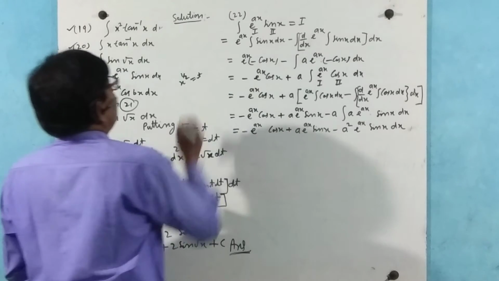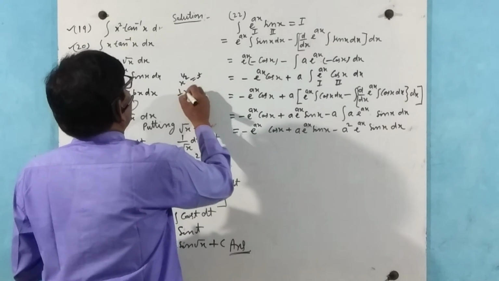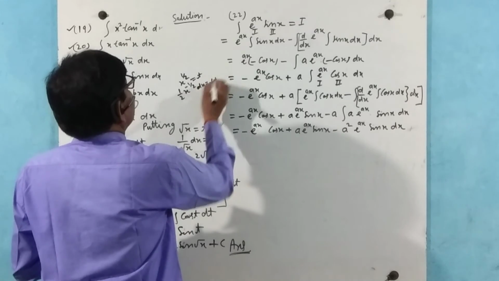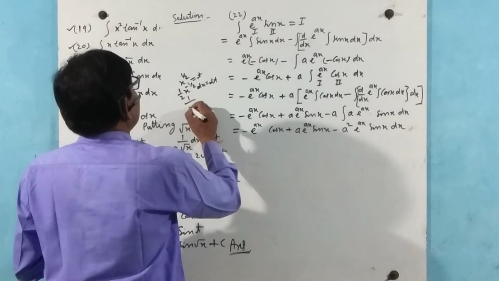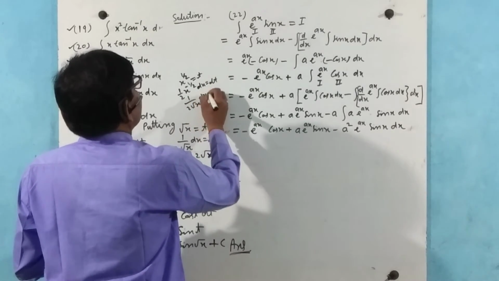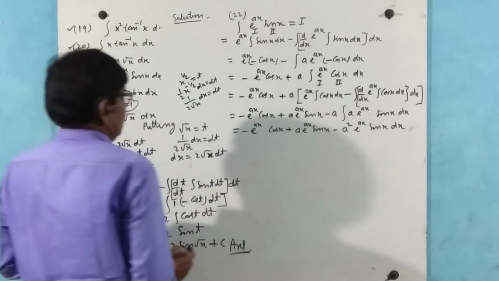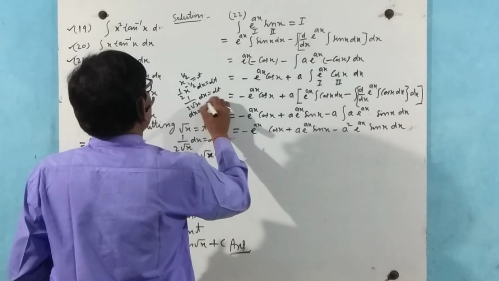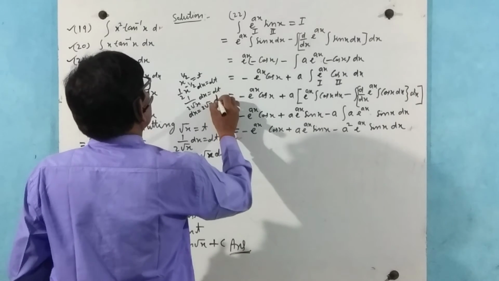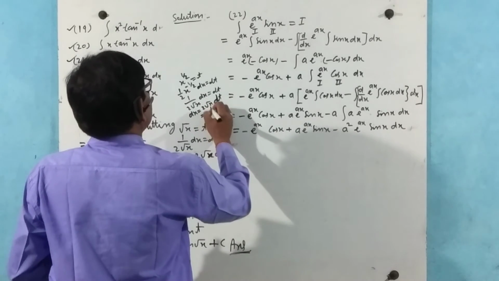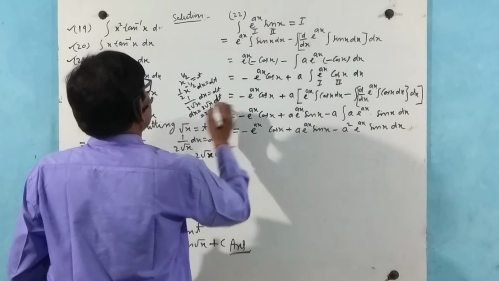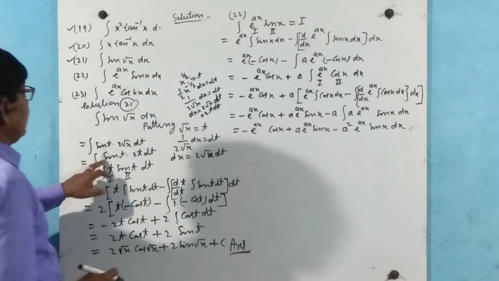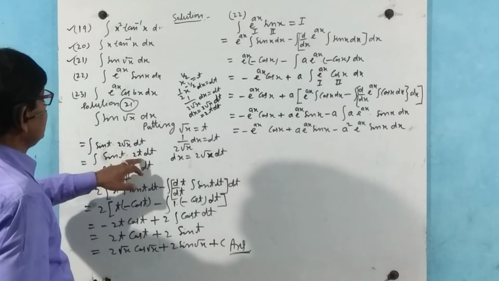Differentiating with respect to x, 1 by 2 x to the power minus half dx equals dt. This can be written as 1 by 2 root x dx equals dt, so dx equals 2 root x dt, that is 2t dt. Now dx equals 2 root x dt, so this is sin t and 2t dt.